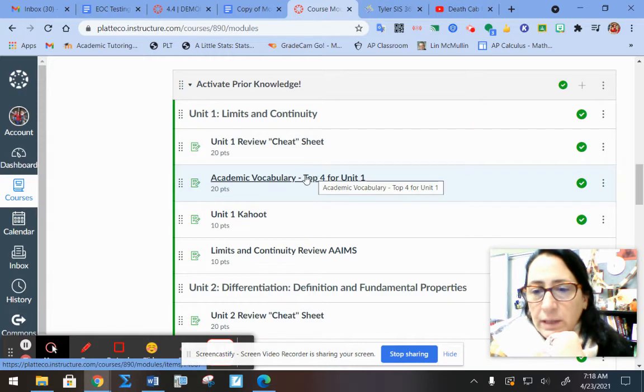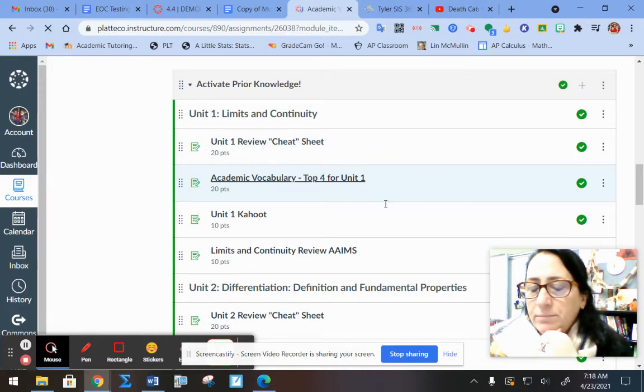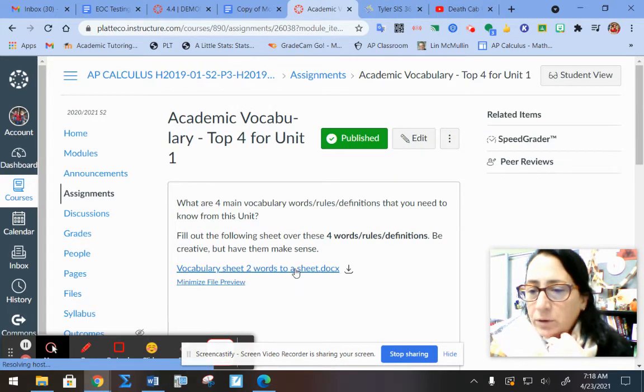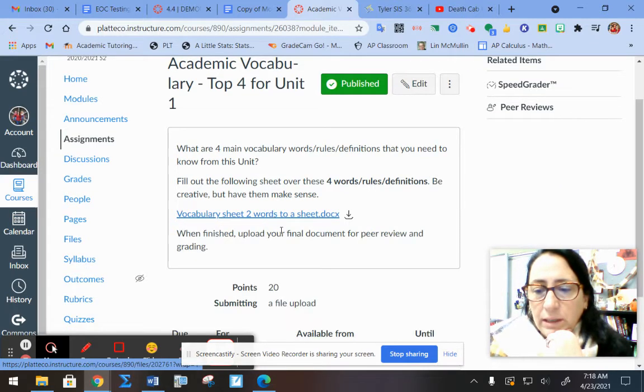Then they're going to do the academic vocabulary. The academic vocabulary is adapted from Marzano way back when, and they are going to get this sheet.